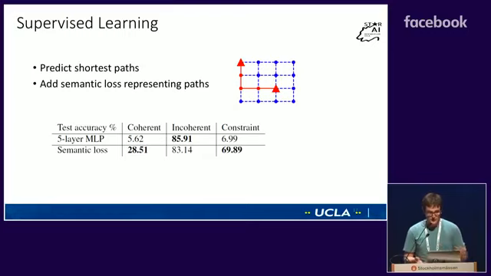We are going to build a simple MLP to predict this, and then we're also going to do it separately with semantic loss, where we have a function representing the constraint that we only want it to be predicting paths, right? If you have a shortest path algorithm and your algorithm predicts a bunch of disconnected edges, it doesn't really make any sense. So we do this, and then we have our comparison.